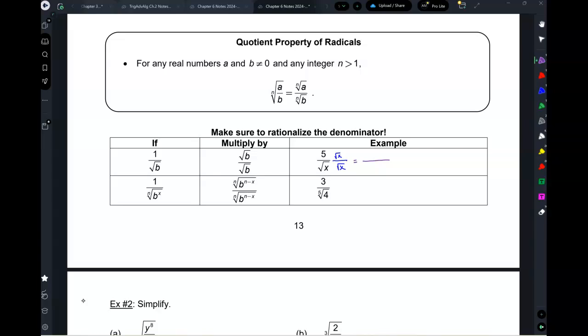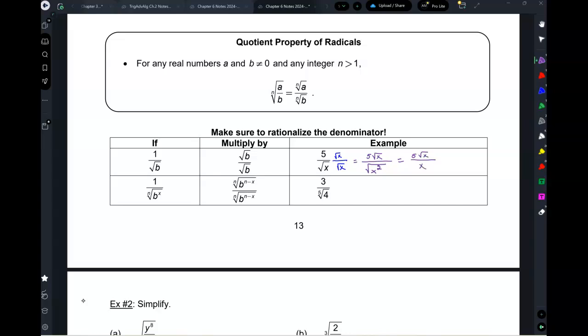Look at what happens here. I get 5 root x. In the bottom, in the square root, I get x times x, which is x squared. I need 2 for them to come out. So that's why it comes out as a single x.